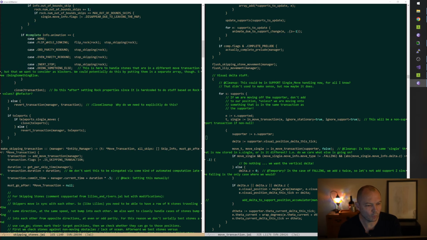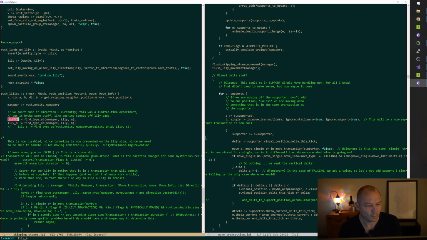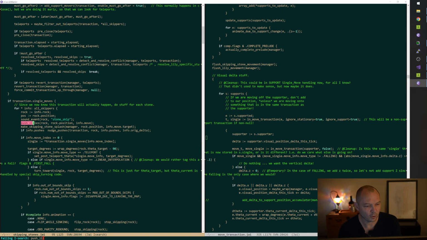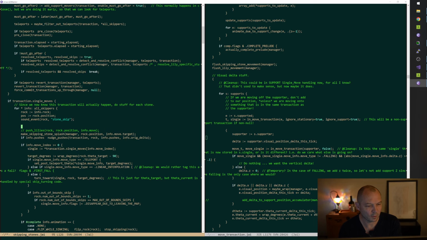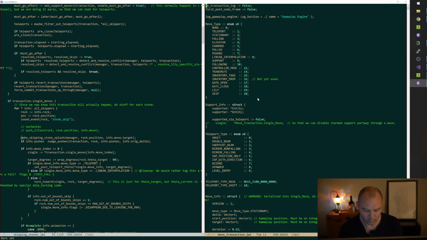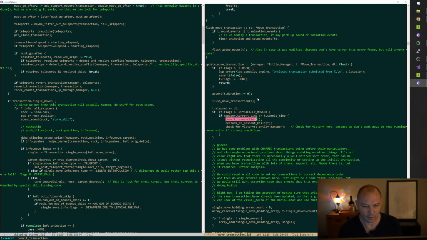So now we do move skipping stones. And this is the thing that calls push lilies. And we're going to say no check-in, that this is commented out. Instead, we want to push them when we commit transaction.